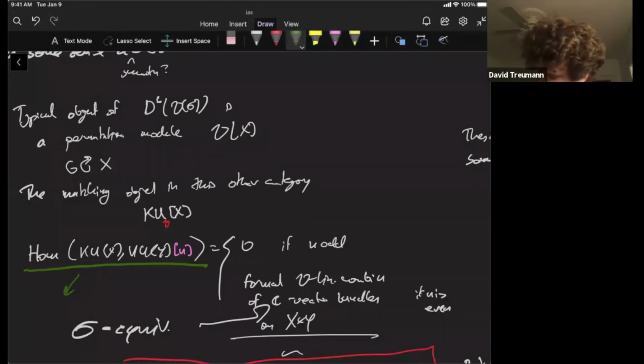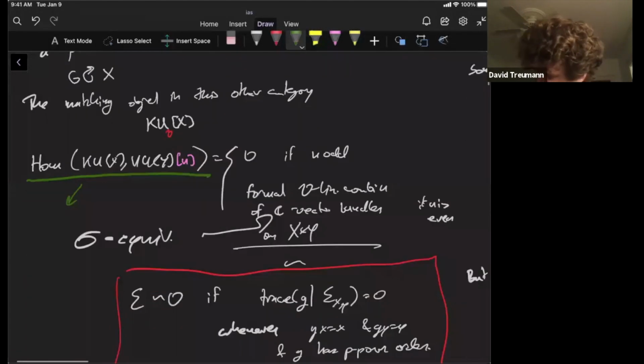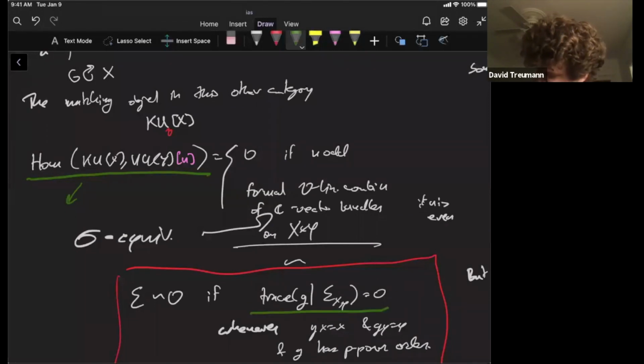This condition here is cooked up so that you can just take the trace of G on some morphism in this space.